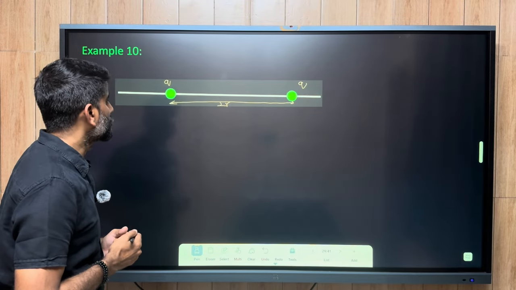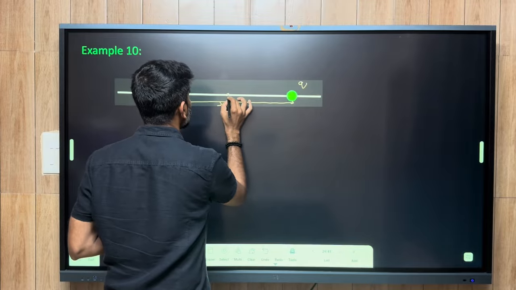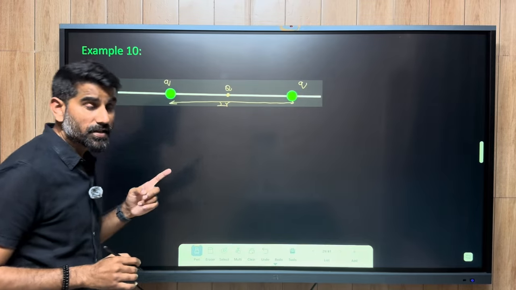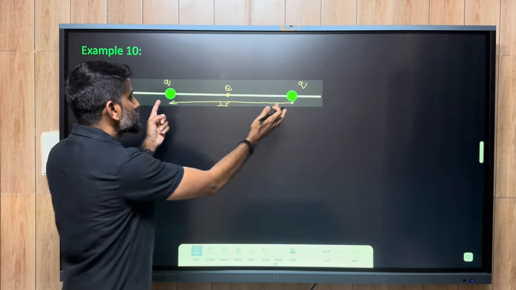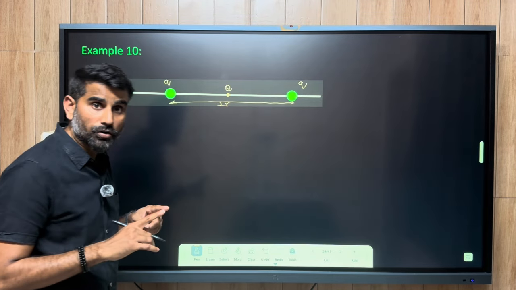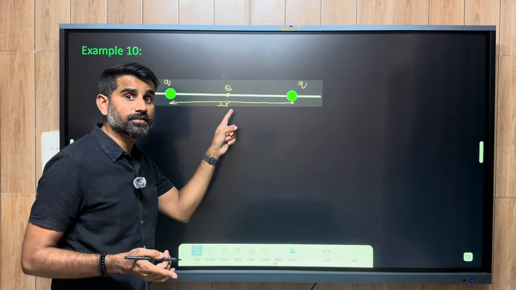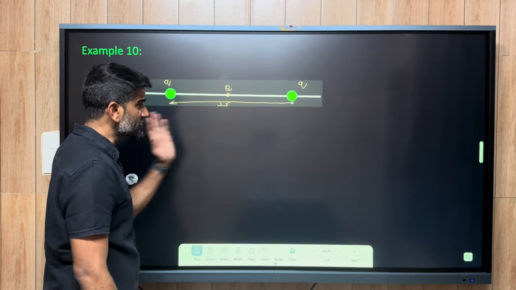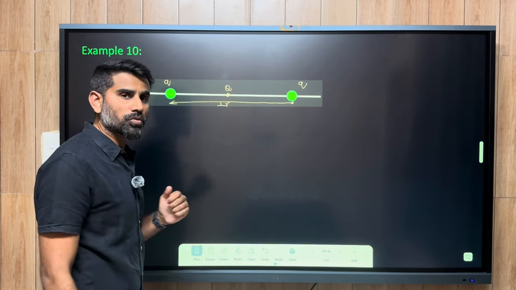Now I'm going to take another charge somewhere here exactly at the middle, because the third charge can be in equilibrium exactly at the middle, as these two charges are of equal magnitude and of equal nature. So the equilibrium will be obtained between the two charges exactly at the middle, because the two charges are of the same magnitude.